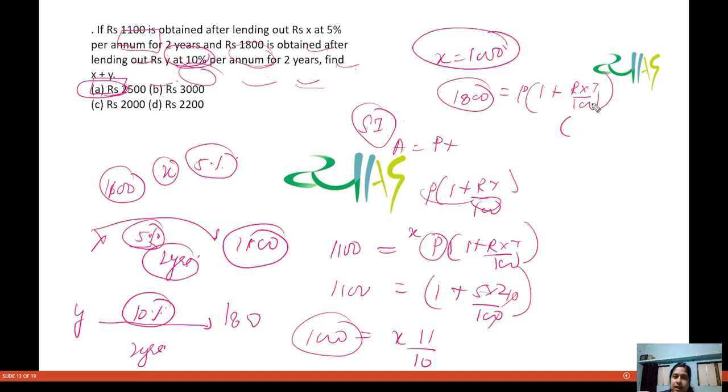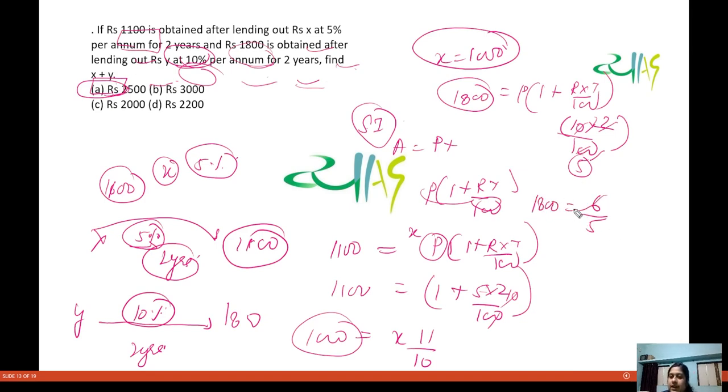Rate is 10 for us, time is 2 years. So this will become 5, and this will become 6 by 5 times P equals 1800.